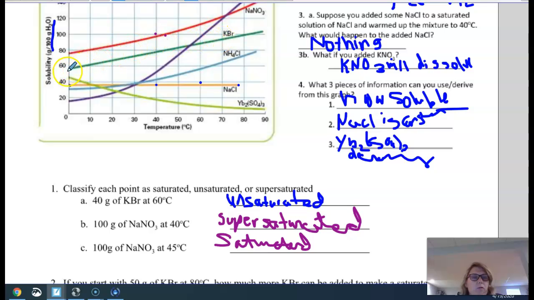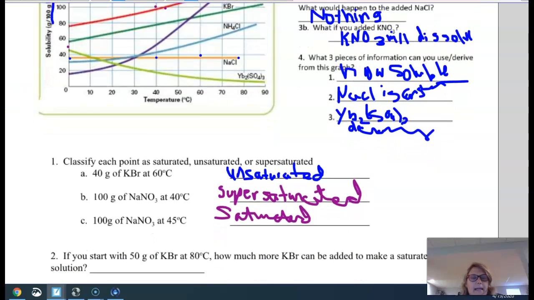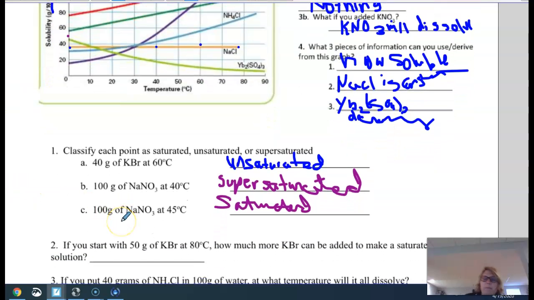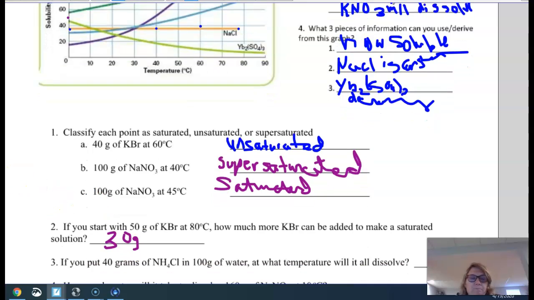So I'm going to start about here, and I have to go to 80 grams, which is up here. So really what you're looking at is the difference between 50 and 80, which is 30 grams. So 30 grams would make it a saturated solution. Anything above 30 grams would make it a supersaturated solution.